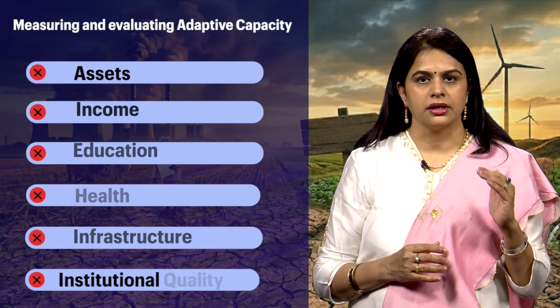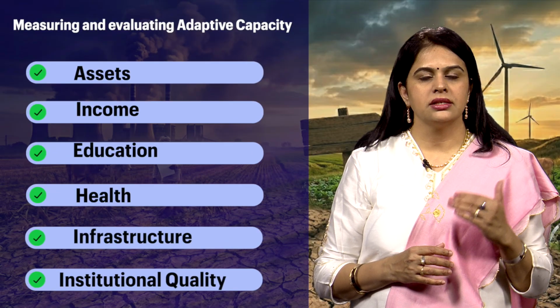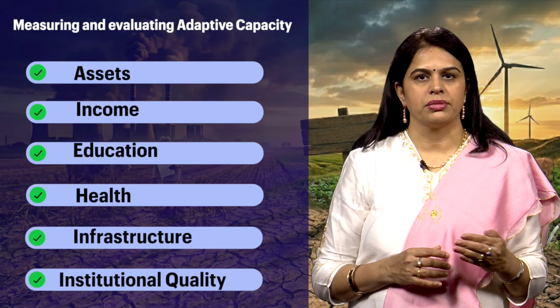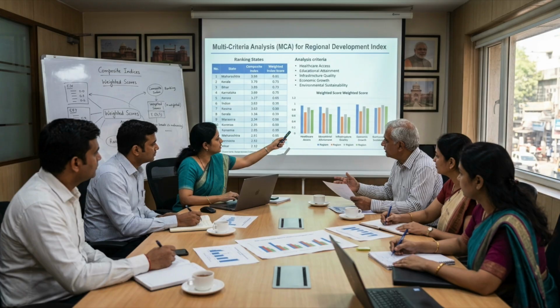Generally, indicator-based methods make use of variables about assets, income, education, health, infrastructure, institutional quality, social capital, and access to information. They make use of composite indices or multi-criteria analysis to do this.